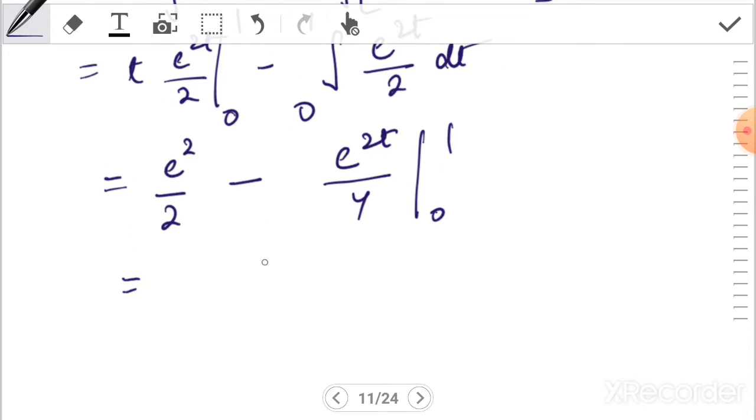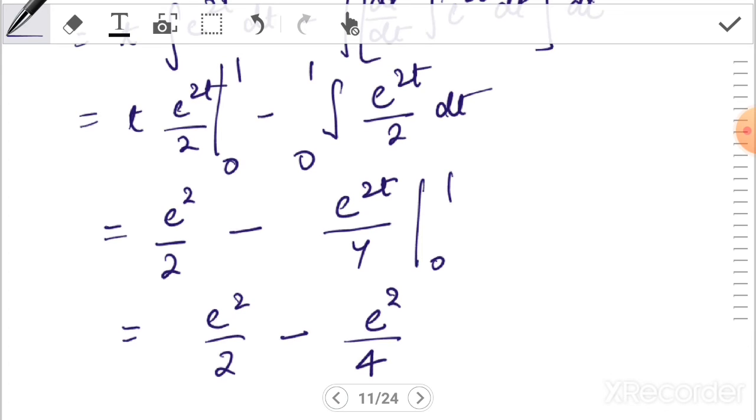So this is e square by 2 minus e square by 4, and minus, if you put 0, this is 1 by 4.